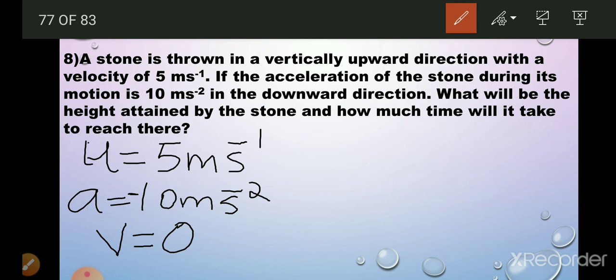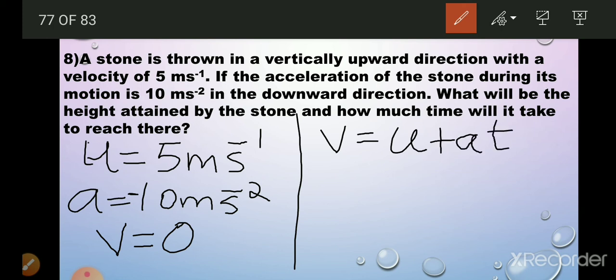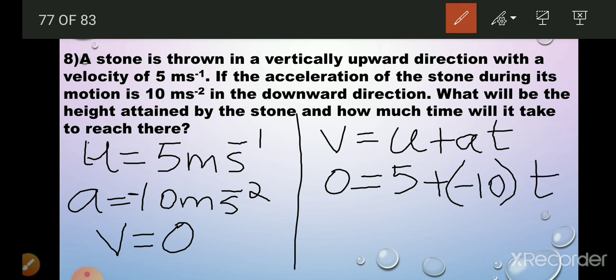Okay. So here v is equal to u plus at. Let us use the first equation to solve this. So we have v is equal to u plus at. We want t now. Time we don't know, so let us find it. With v equal to 0, u equal to 5 meter per second, plus acceleration minus 10 and t we don't know, write t as it is.